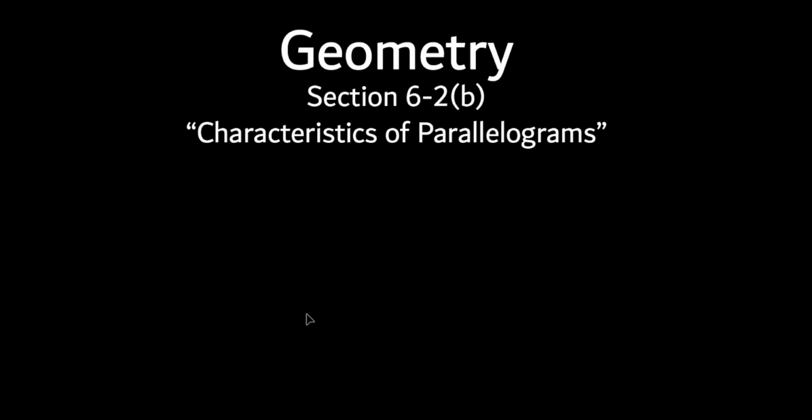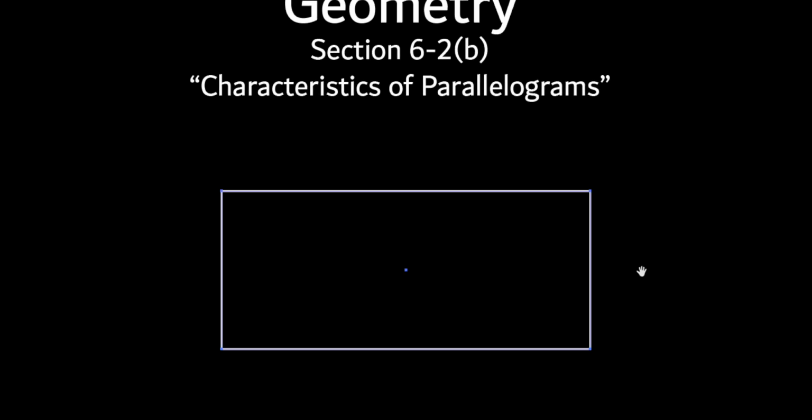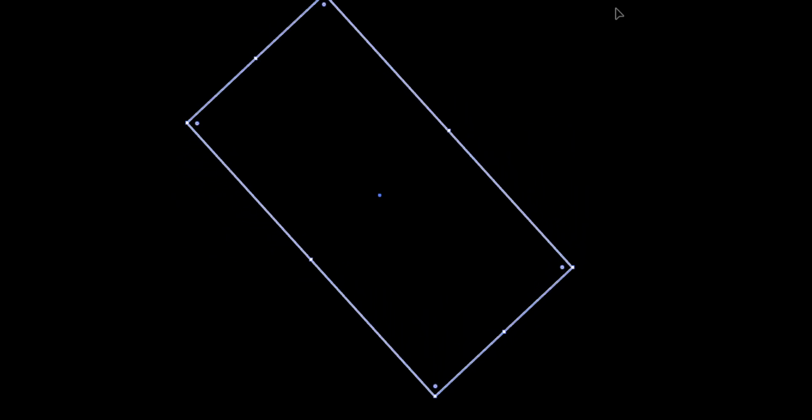So let's draw a parallelogram. And I'm going to twist it and tilt it a little bit. Let's see, maybe about like that. I'll change the angle a little bit.